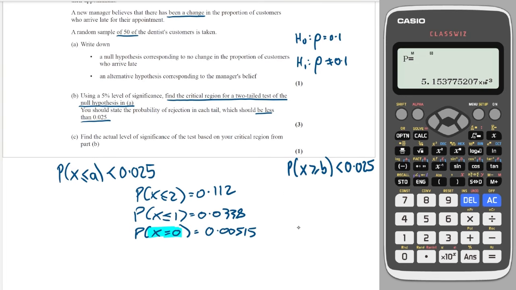So I'll need to do 1 minus the probability that x is less than or equal to b minus 1, because this gives me all of the values which are greater than or equal to b. So the opposite of that is all the values which are just 1 less than b or smaller than that.